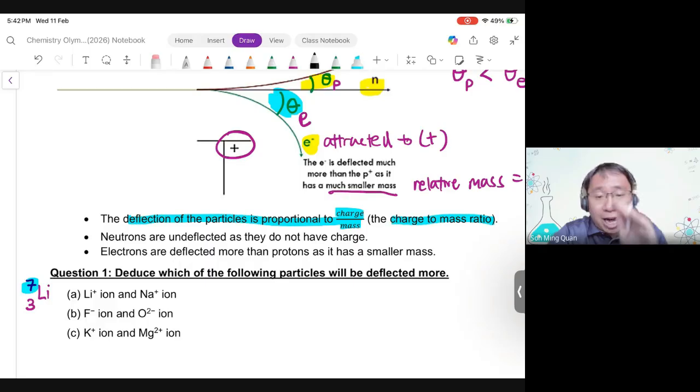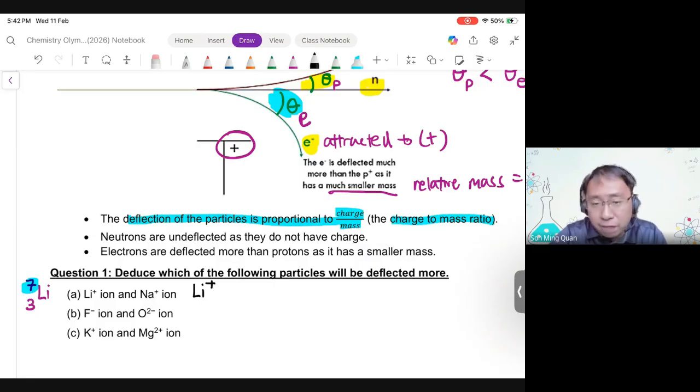If you work out the charge to mass ratio, the one with the larger value for the charge over mass will have a larger deflection in an electric field. So in the case of lithium and sodium ions, lithium has a larger charge to mass ratio. It's 1 over the mass 7 versus 1 over 23 for sodium.